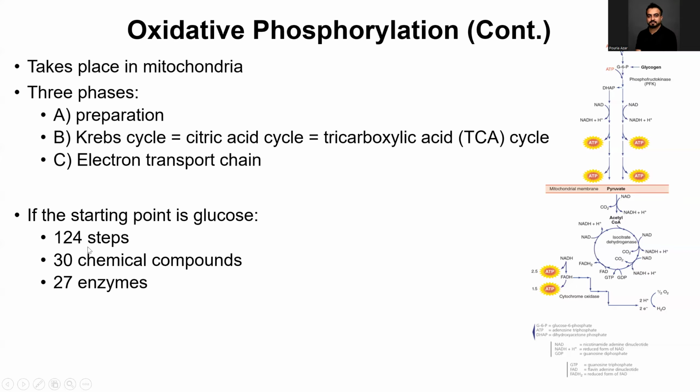So as you can see, this is very long compared to the creatine phosphate and glycolysis energy systems. So if we start from glucose, we have 124 steps, including the preparation, Krebs cycle, and electron transport chain. We produce and use overall in total 30 chemical compounds, and this entire energy system requires 27 enzymes.